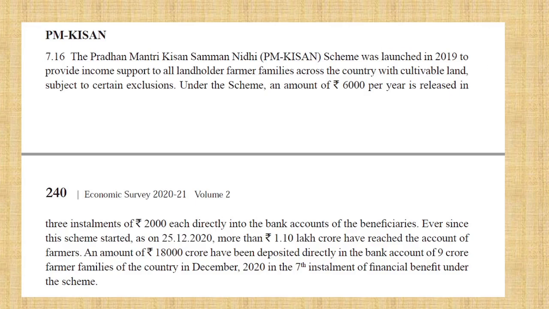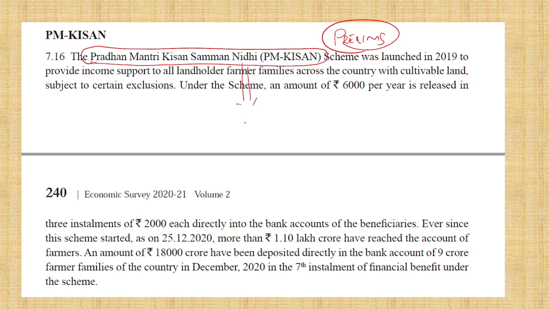Okay, it's prelims. And again, Pradhan Mantri Kisan Samman Nidhi, what they will ask in prelims is very very key, please watch this. They will say that Pradhan Mantri Kisan Samman Nidhi is for small landholders. They will say this, small landholders, but check here, it is for all landholder families.